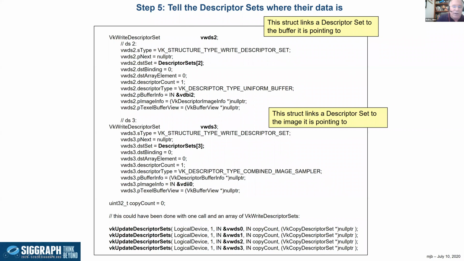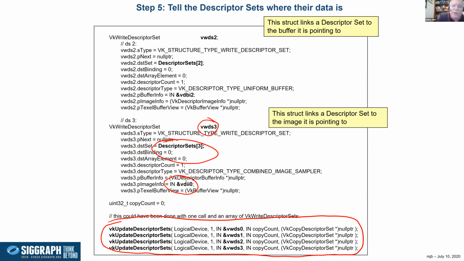This is about creating a way that you can update those descriptor sets. Each one of these structures has a record of where the graphics memory buffer is and what goes there.